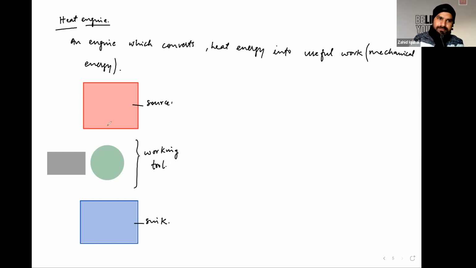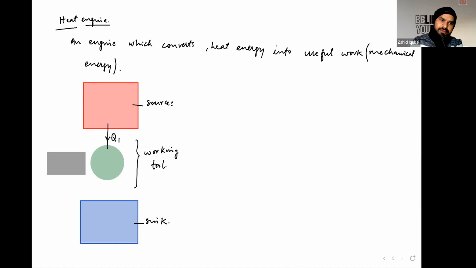It absorbs Q1 amount of energy from source. Source is a chamber or a place where fuel burns to produce heat. So mainly it is called heat reservoir, from which it absorbs Q1 amount of heat energy.